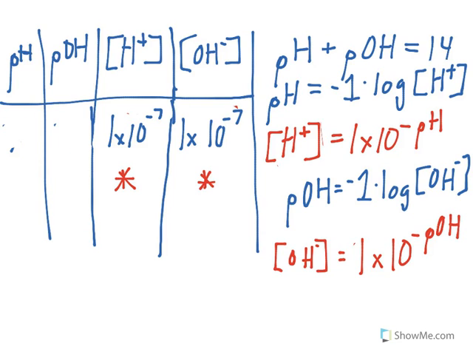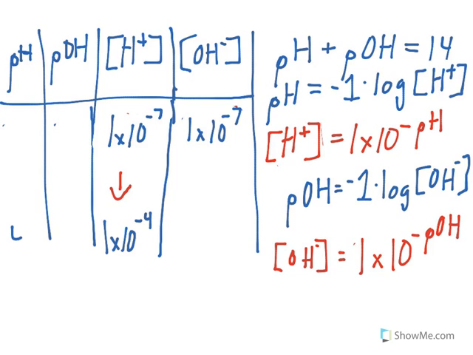But I want you to see what happens when I do something here. Let me show you what happens. Let's say I leave that the same way where it is. That's 1 times 10 to the negative 7. Let's say I increase my hydrogen ion concentration so that it's 1 times 10 to the negative 4th. What does that do?